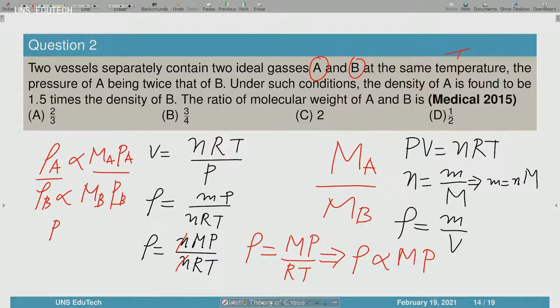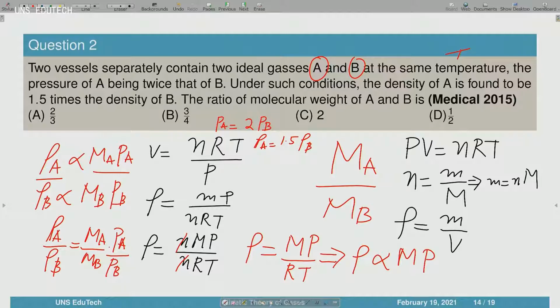So rho A by rho B will be equal to MA divided by MB into PA divided by PB. You already know that the pressure of A is twice, PA is equal to 2 times PB, and rho A is equal to 1.5 times rho B, that is given. So you substitute those values. PA by PB is equal to 2.